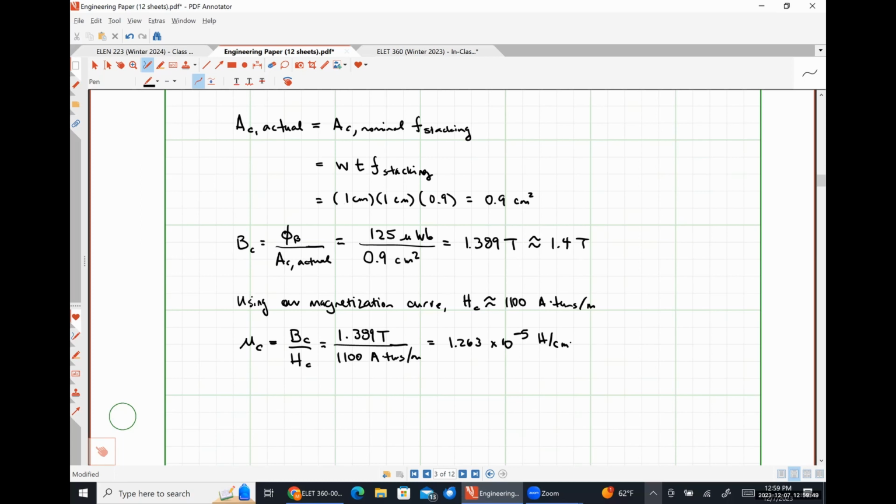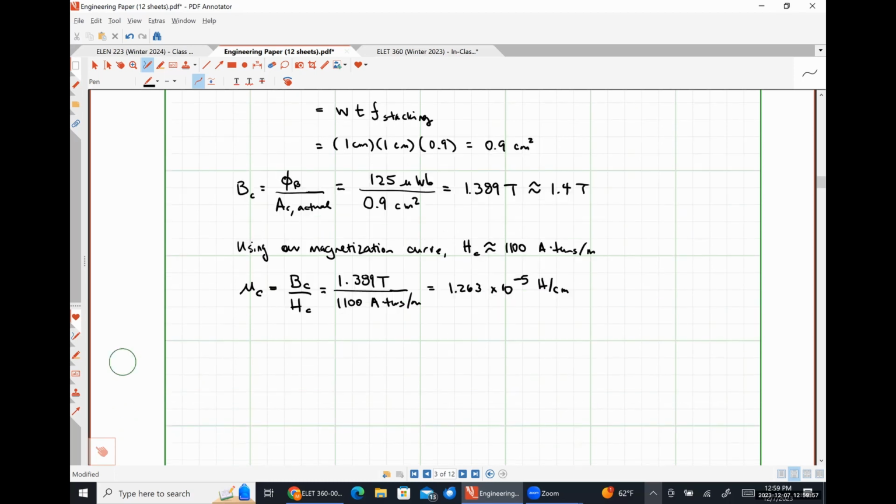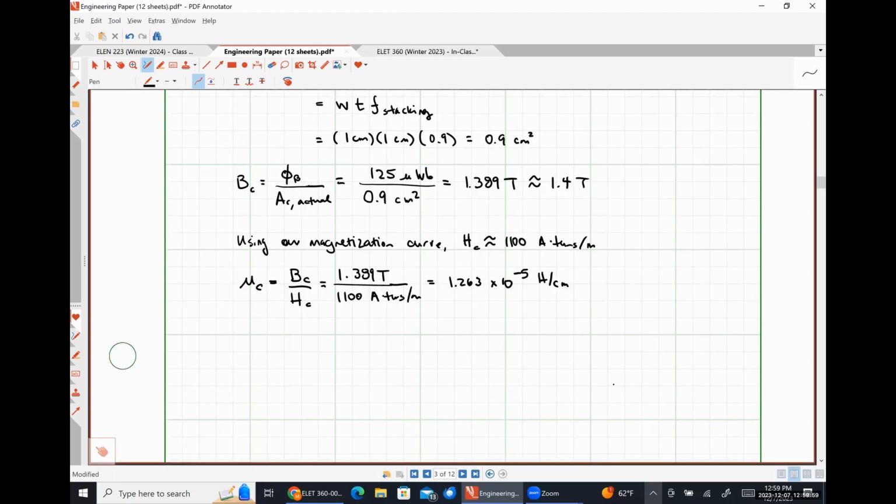So our ultimate goal was to find magnetomotive force, MMF, right? Using our Ohm's law relationship, MMF is equal to nothing more than flux times reluctance. We have the flux, and now we have enough information to calculate reluctance.